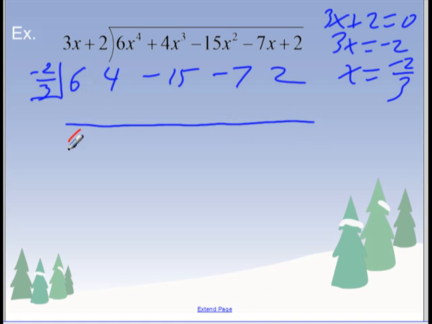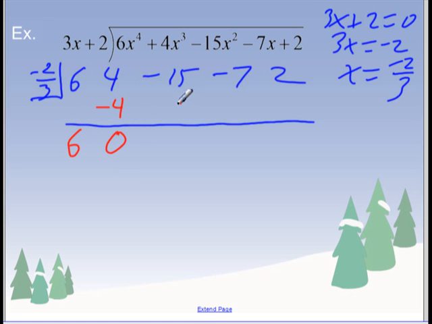So bring down the 6 and then multiply. So negative 2/3 times 6, so that's negative 12/3, which is negative 4. And if you're not a fraction person and you need to go off to the side to do that, you can. 4 plus negative 4. Remember in synthetic, it's always multiplying and adding, which makes it a little easier. So 4 plus negative 4 is 0.